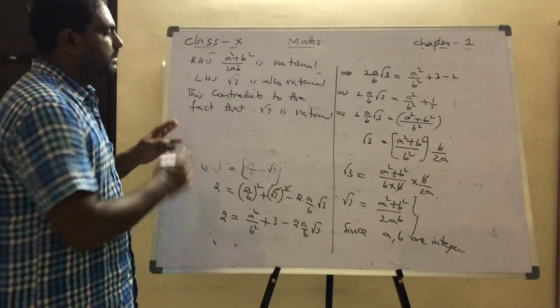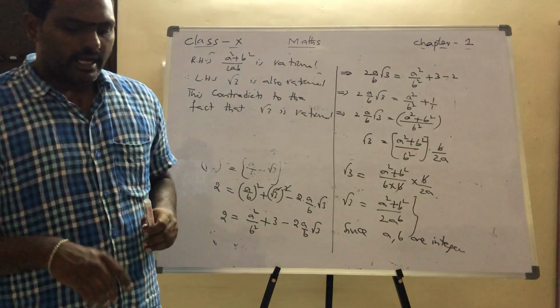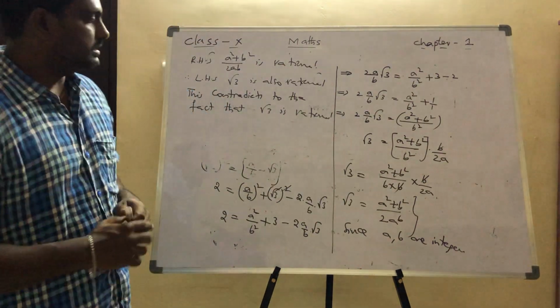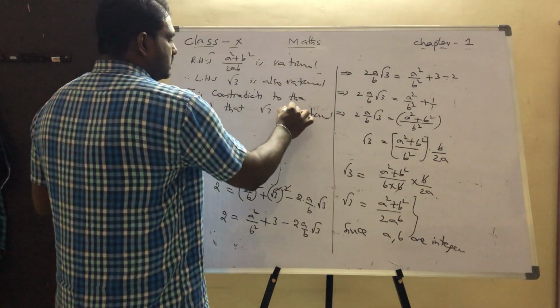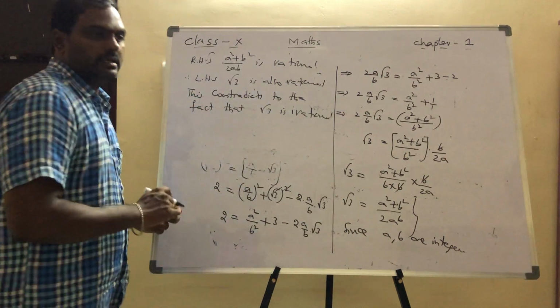So therefore, next step, what we have to write? This contradiction has arisen because of our assumption. It contradicts the fact that root 3 is irrational.